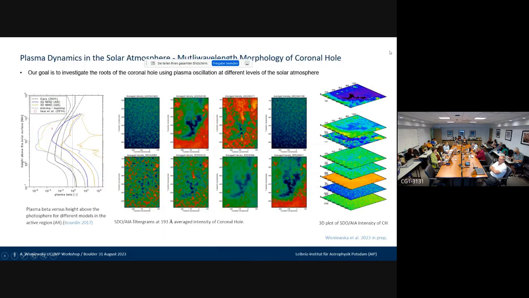This kind of study was done because I was just curious what kind of results we can obtain. As you know, AIA doesn't have the possibility to measure Doppler velocities, which makes it challenging to talk about oscillations without velocity information. But our goal is to investigate the roots of the coronal hole using plasma oscillations at different levels of the solar atmosphere.